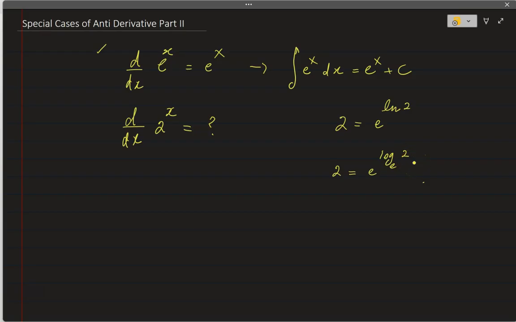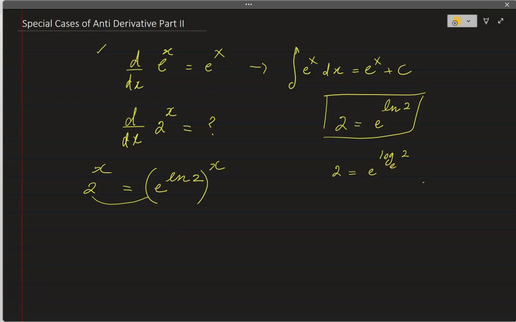All right, so it's the same idea. Now we're going to use this, and we're going to use the chain rule. We're going to write 2 to the x in terms of this expression. We already have 2 in here, so instead of 2, I'm going to write e to the ln of 2, but this is to the exponent x, so I have to raise that to the exponent of x.